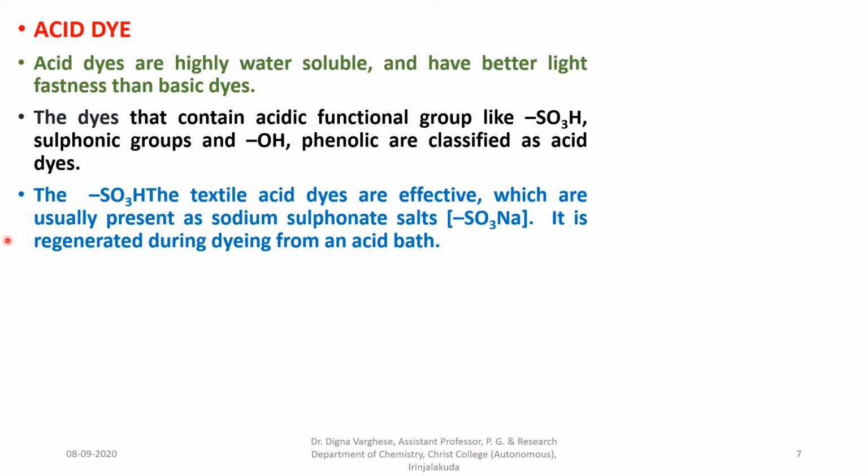In textile acid dyes, the effective ones are the sulfonic acid groups, which are usually present as sodium sulfonate salts, that is SO3Na. It is regenerated during dyeing from an acid bath.